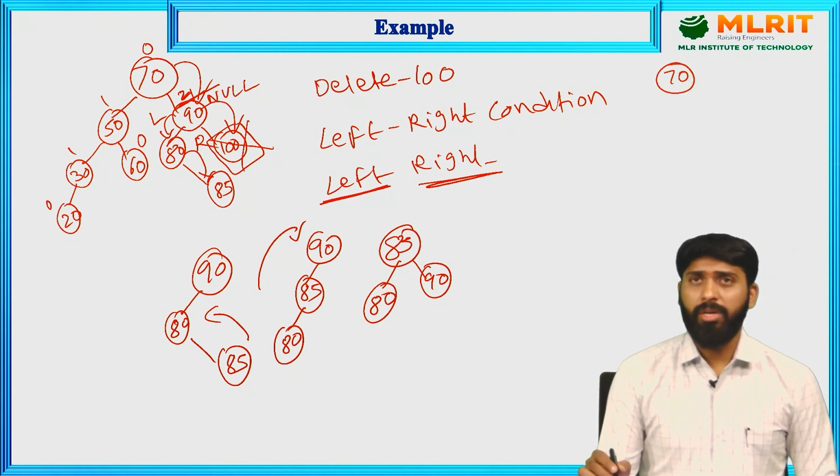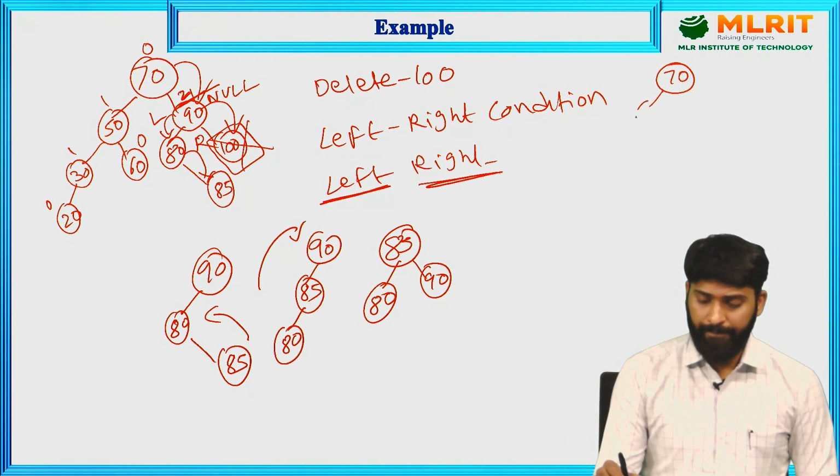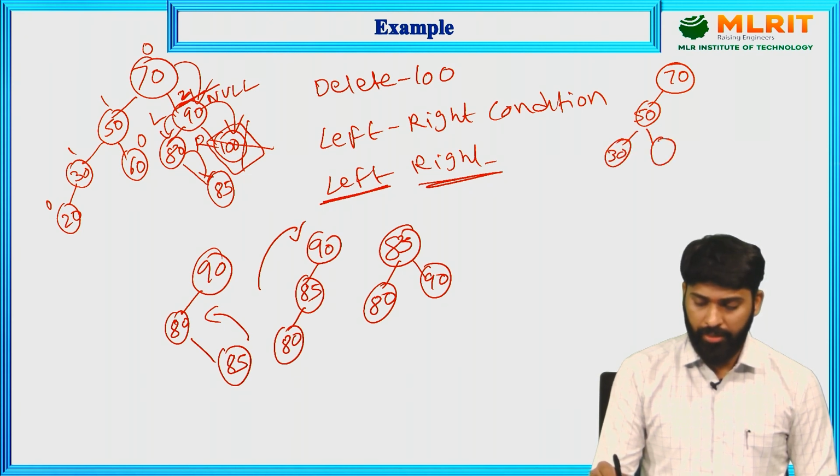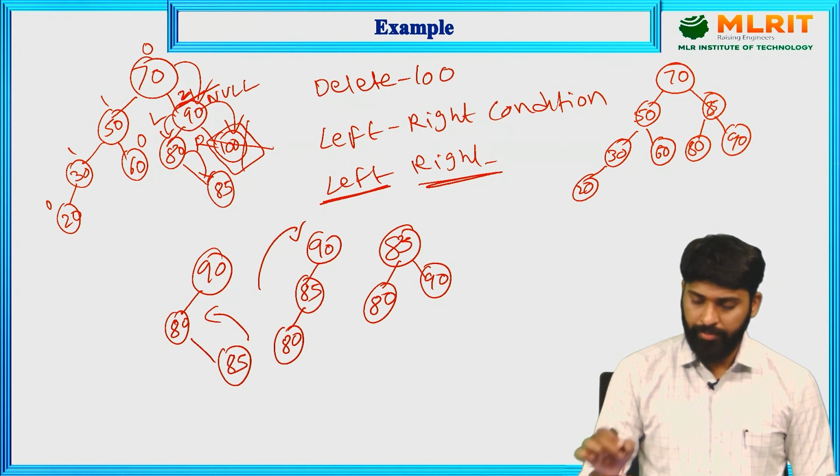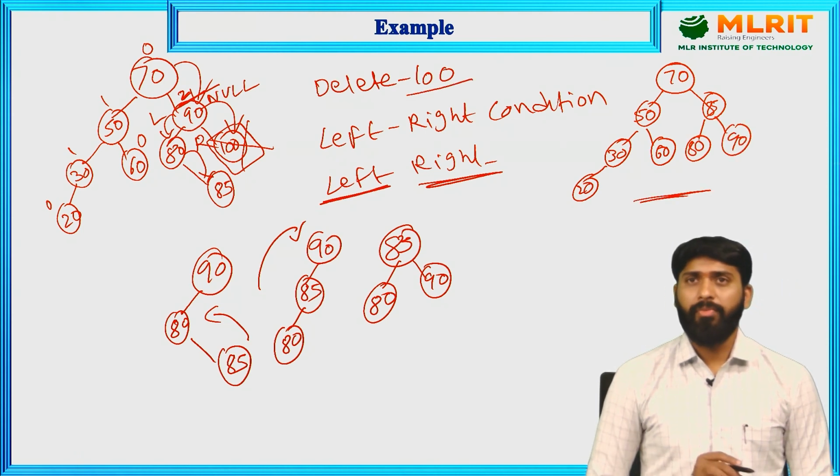Okay, now this is the final tree: 50, 30, 60, 20, 85, 80, 90. So this is the final tree after deletion of 100.